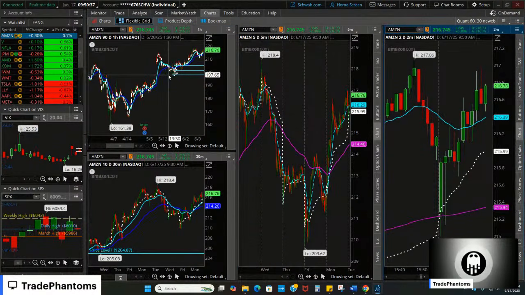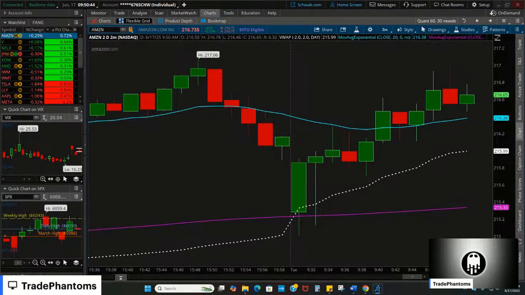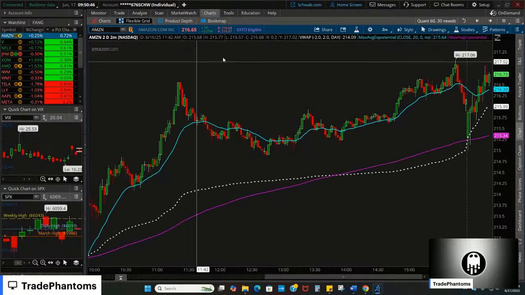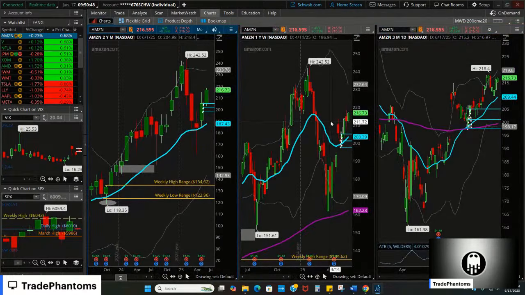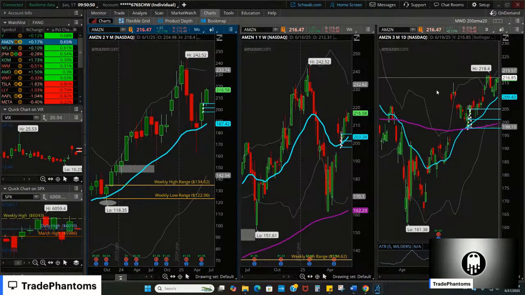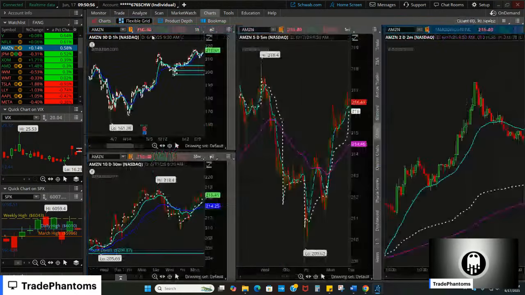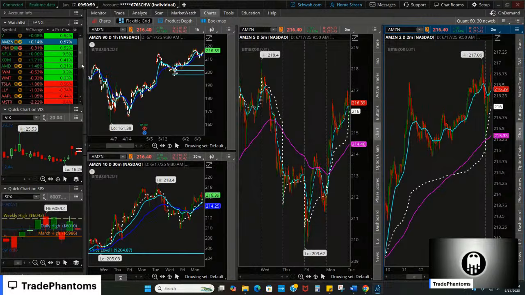Showing some relative strength. S&Ps are heavy.